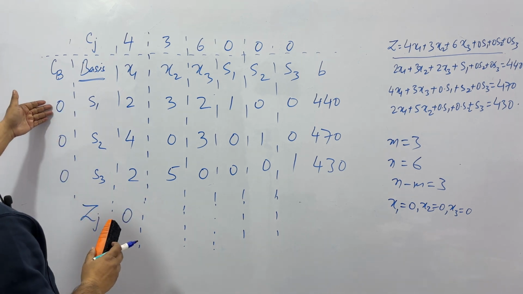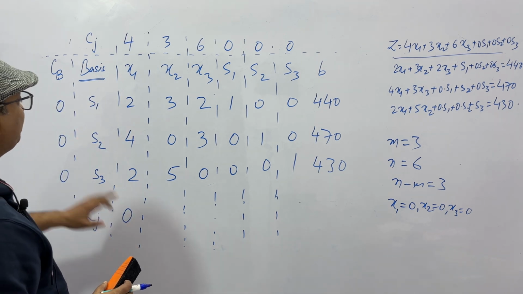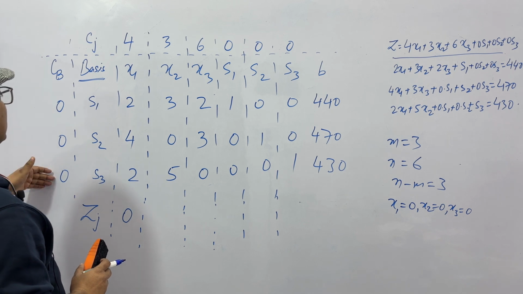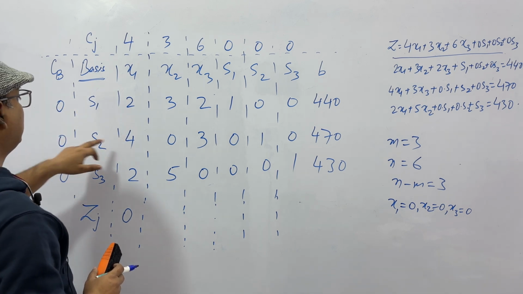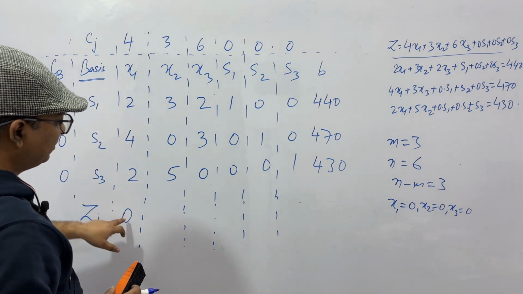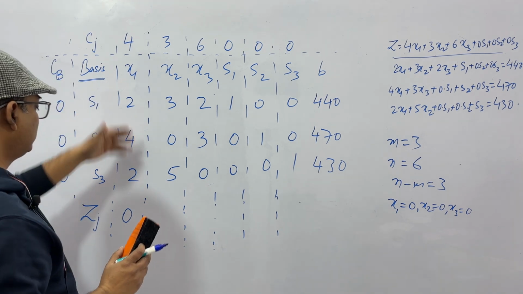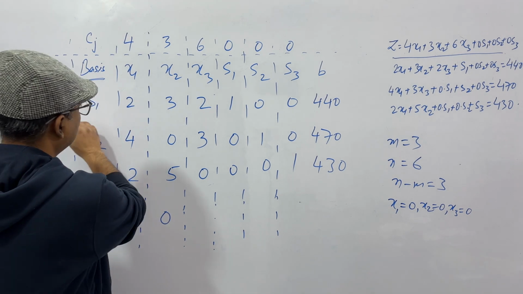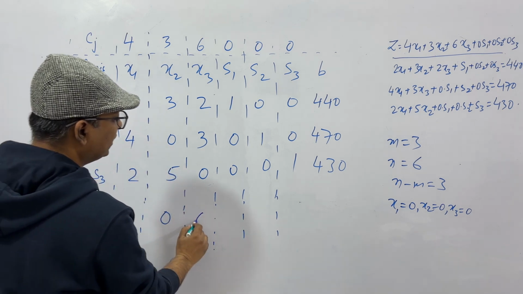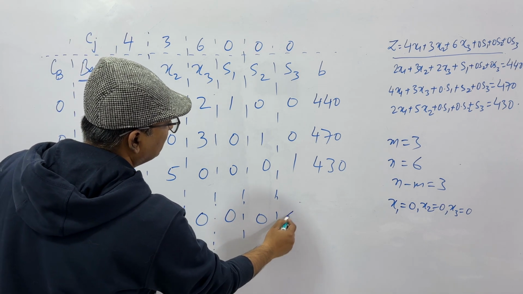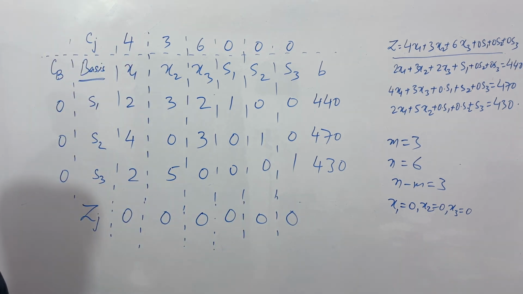If it was 1, then obviously this would have been 2. Or if this was 1, 1, 1, this would have been 1 into 2 plus 1 into 4 plus 1 into 2, so that would have been 8. Whenever you start, this will be 0, and so all Zj will be 0, because this is again 0 into 0, 0 into 0, 0 into 0. So Zj is 0, all.